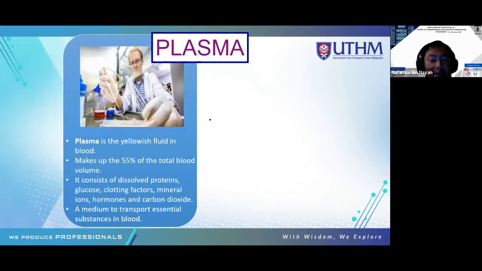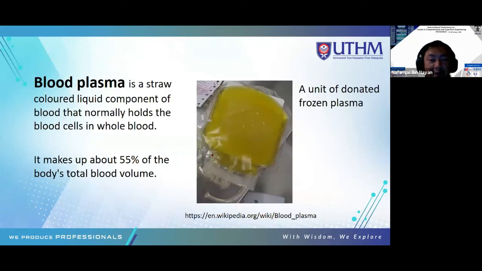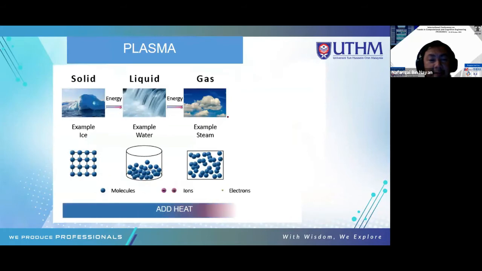And then we did discuss the difference between the plasma of the medical people and the plasma of the engineers or the physicists. For us, plasma is the fourth state of matter.